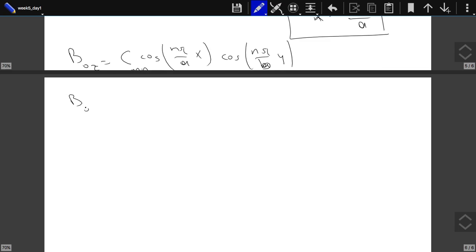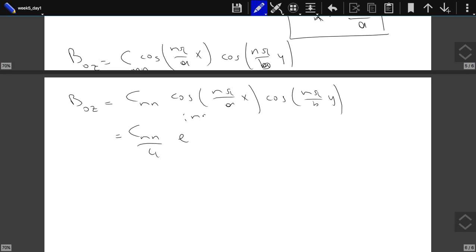You see, B0z is equal to Cmn times cosine m pi over ax times cosine n pi over by. But this is Cmn over 4 times e to the power i m pi over ax plus e to the power minus i m pi over ax, times e to the power i n pi over by plus e to the power minus i n pi over by.